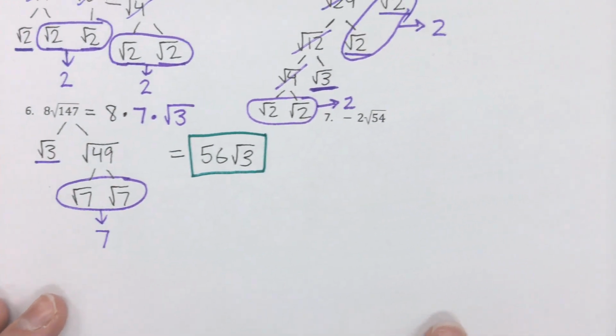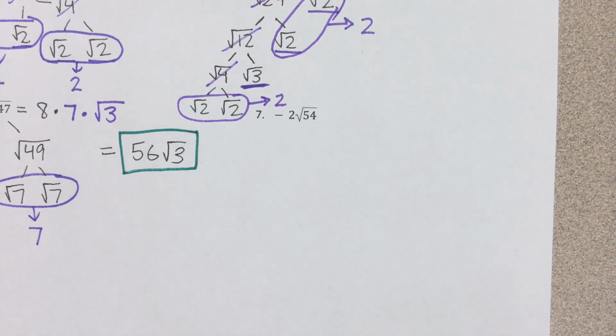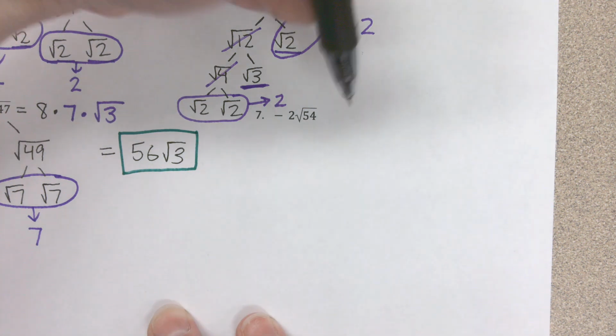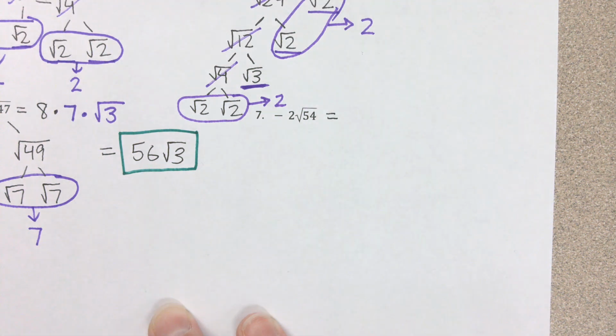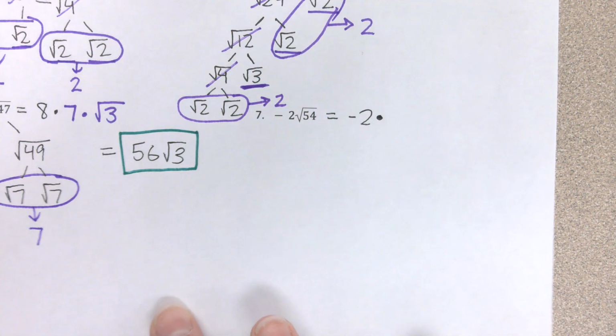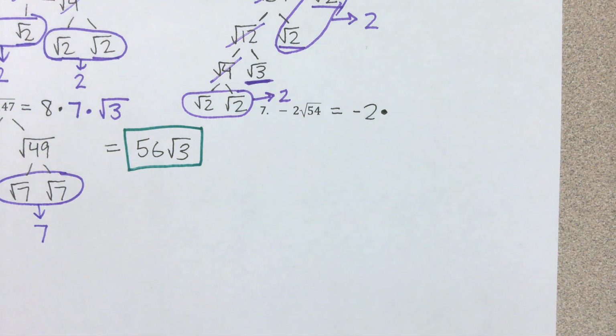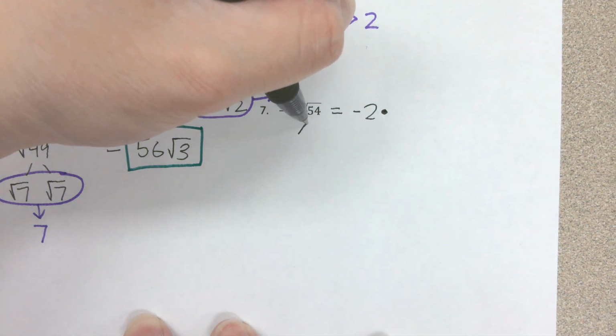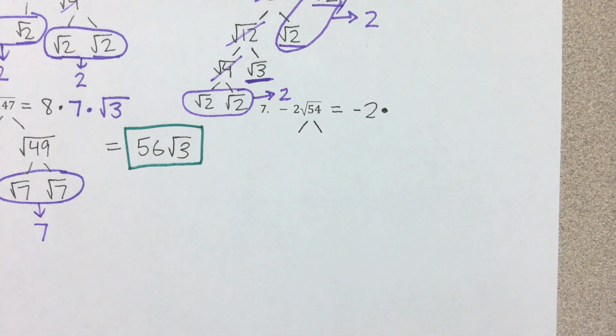Number 7, just throwing in a negative. Negative 2 square root of 54. Again, let's go ahead and set up our answer. It'll be negative 2 times, however the 54 breaks down. 54 has quite a few factors.